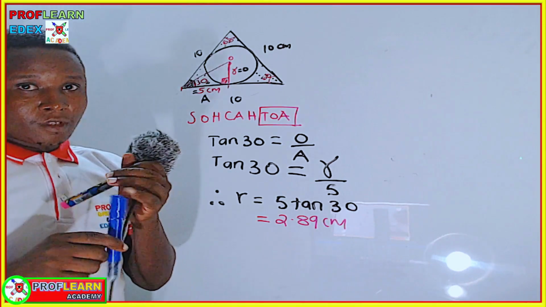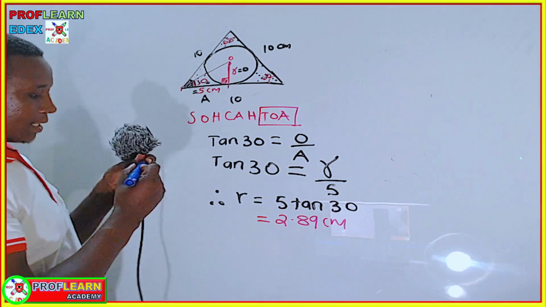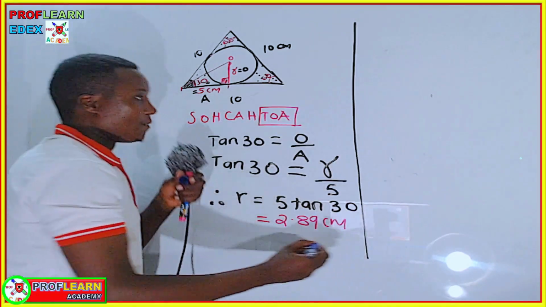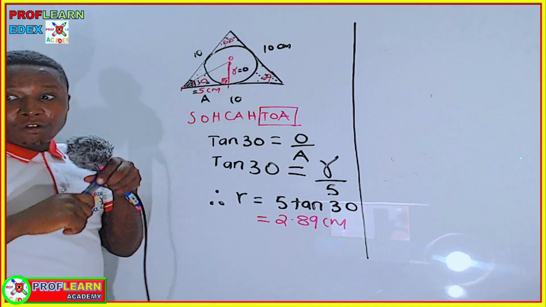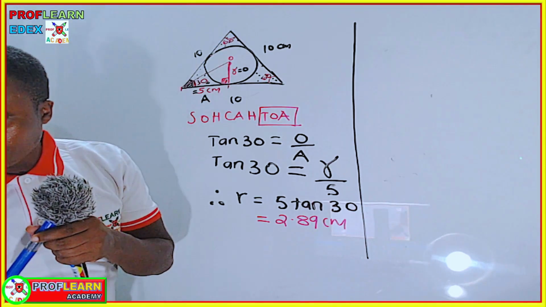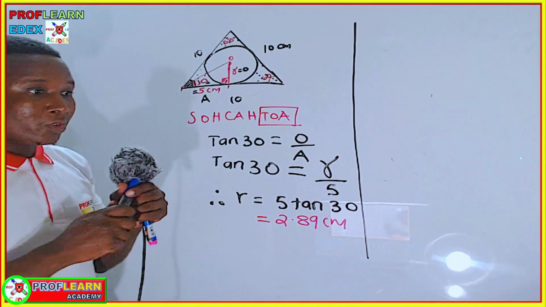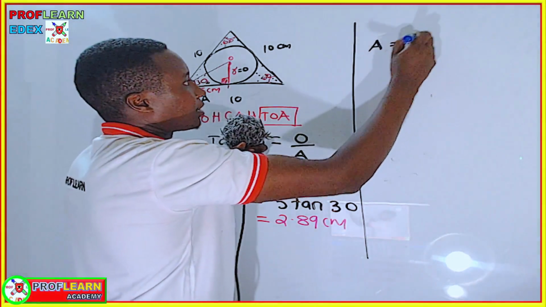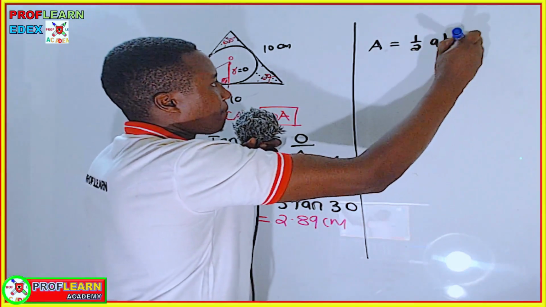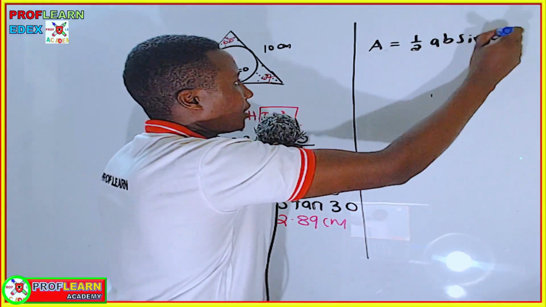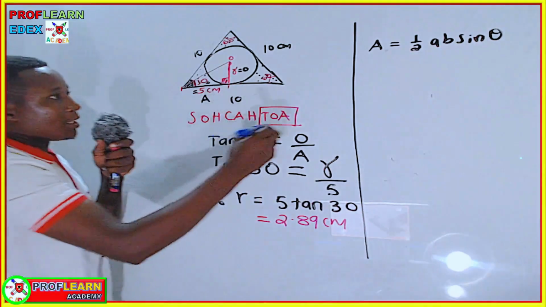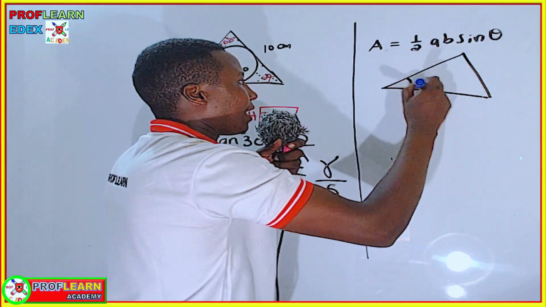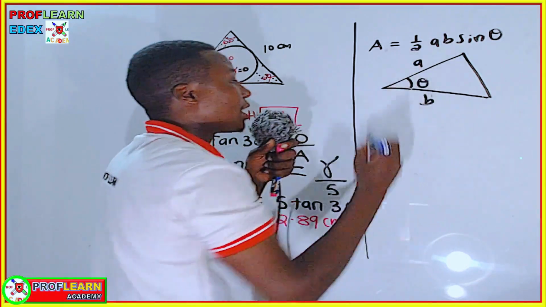Now, remember in this question we are supposed to find the area of the shaded part. So how will we get the area of the shaded part? First, we need to find the area of the triangle. The area of a triangle is a half ab sine theta, meaning that if you know two sides of a triangle and the included angle, we can find the area.